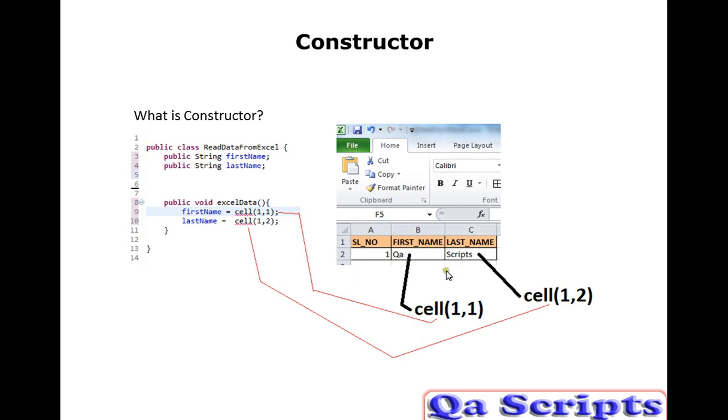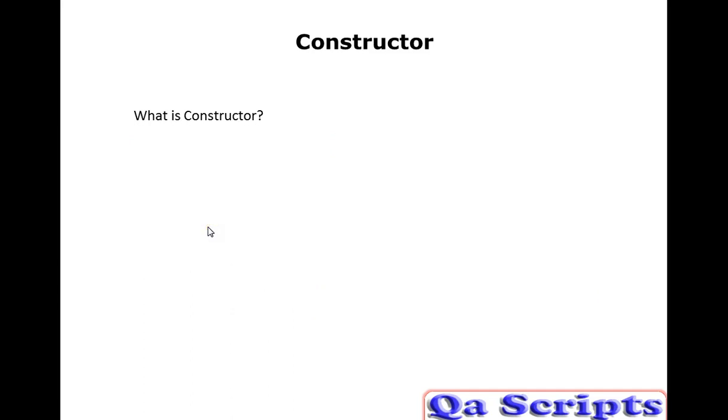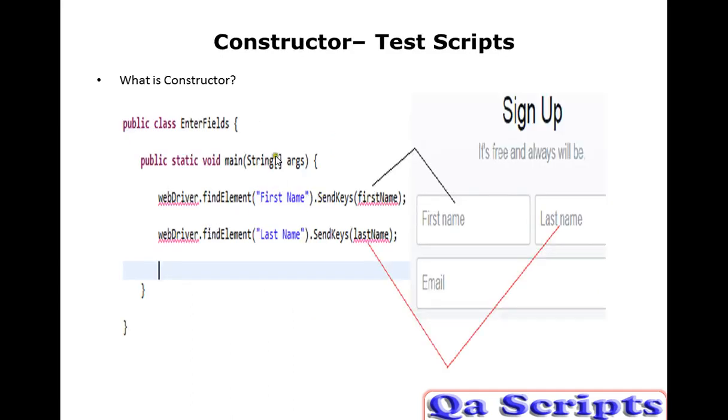In the same way, I have code to read data from last underscore name, that is cell 1 comma 2, and it gets assigned to a variable called last name. So this piece of code will help you read the data from the Excel sheet. The same first name and last name variables I have used in my test script here. But how to get the data?